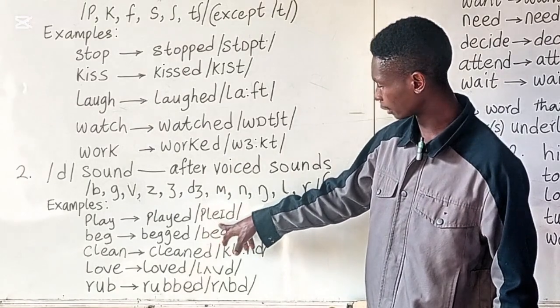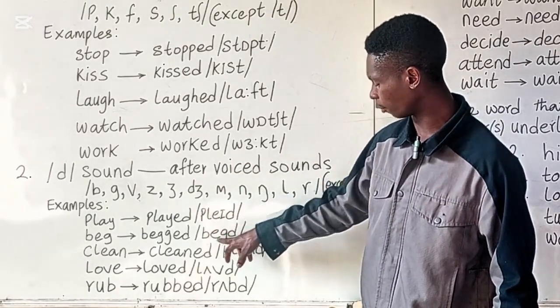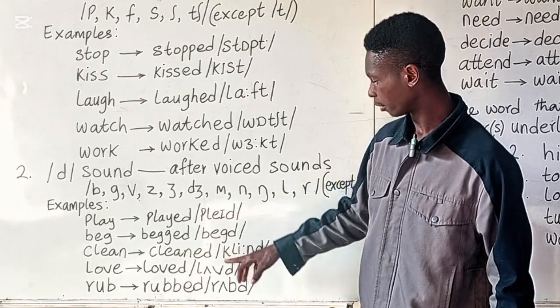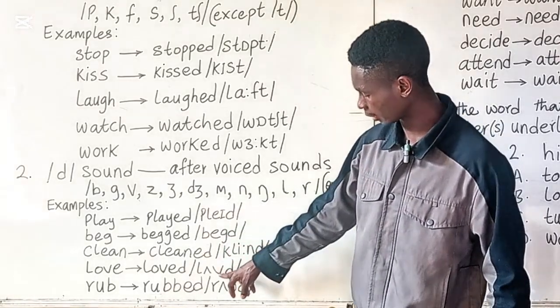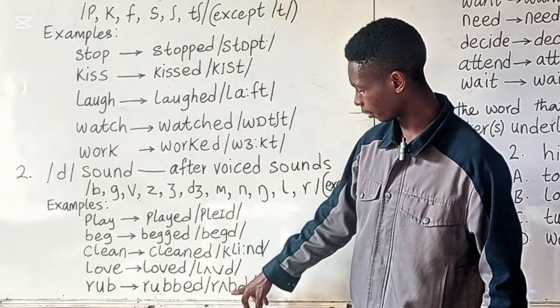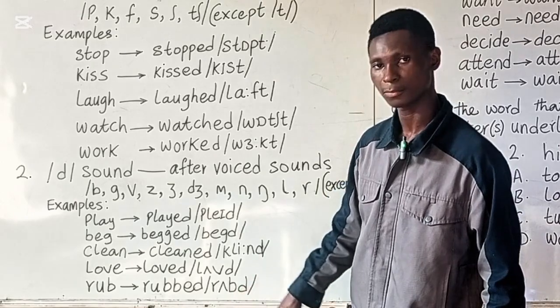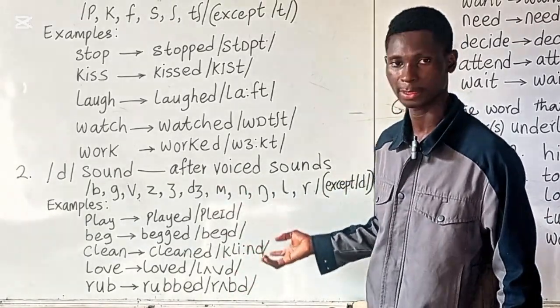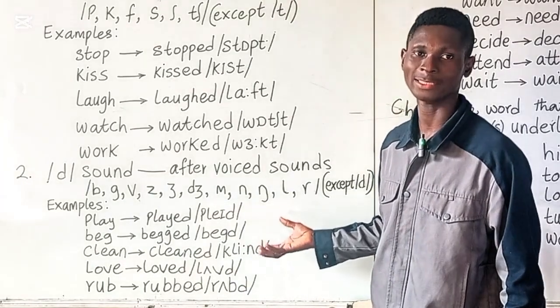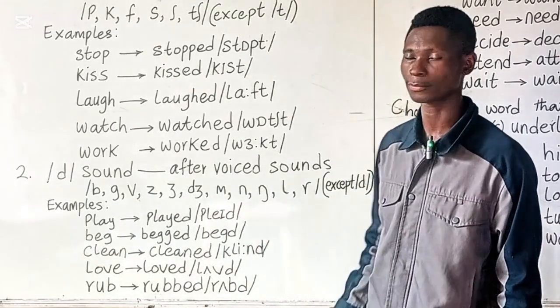Here the voiced sound is a vowel. Here the voiced sound is G. Here it is the nasal sound. Here it is V. Here it is B. So note these categories of words and how to realize the ED suffix.